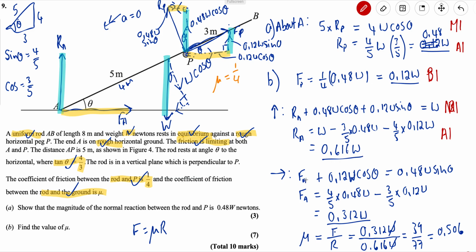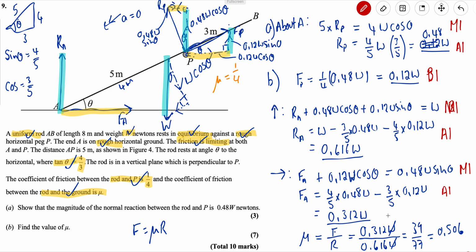So the next mark is a method mark again for resolving horizontally. Again, you can have positives and negatives the wrong way round, you can have cos and sine the wrong way round and still get that mark, as long as all the terms are included. An accuracy mark for all terms correct and finding 0.312W.